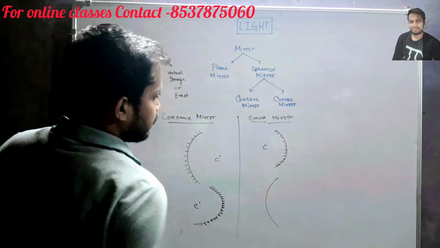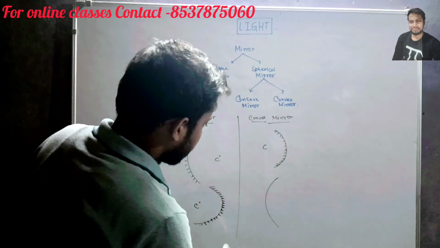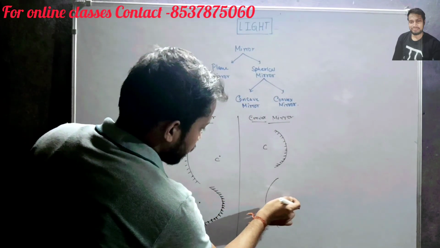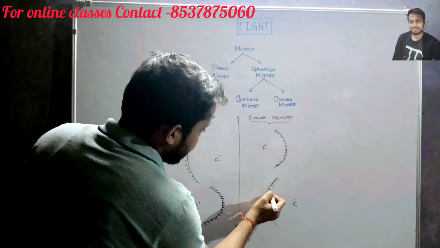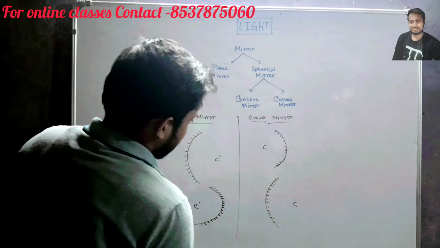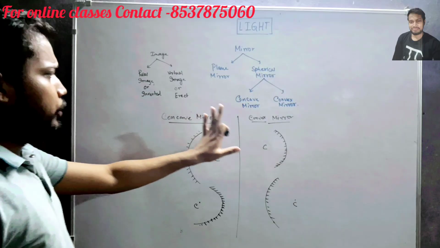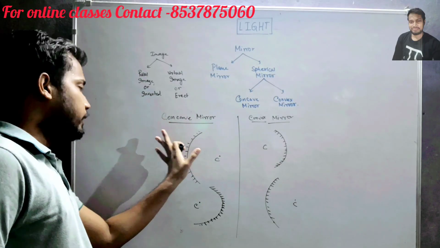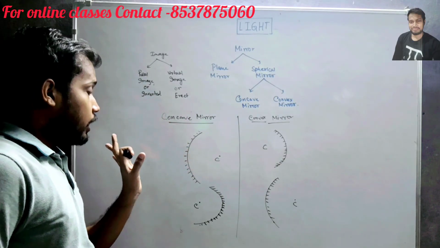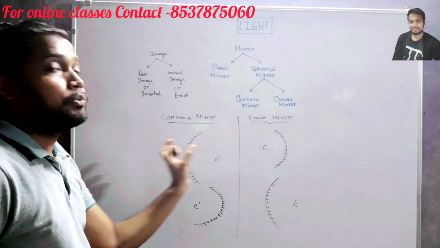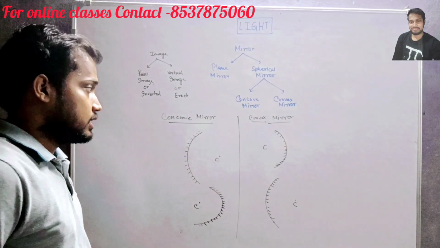Okay, opposite side. Now move on to the next part, this is the center. So the cave part will be there and the opposite side will be here. So we have to know the concave mirror, to see the mirror and understand which type of mirror this is.